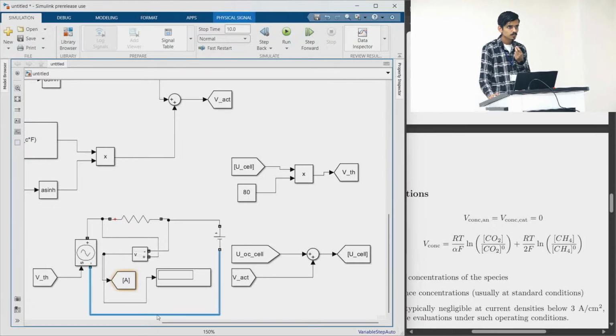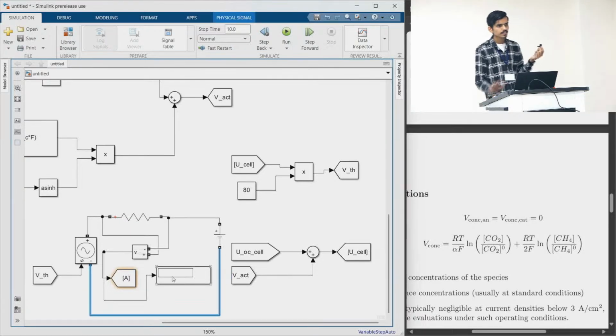Yes, sir. I will construct and make it separate. Just one moment.